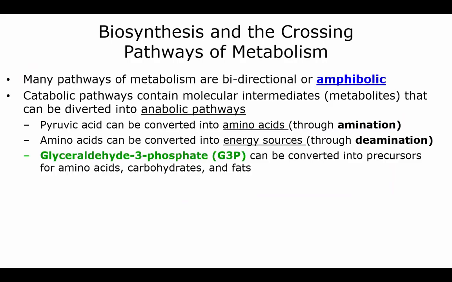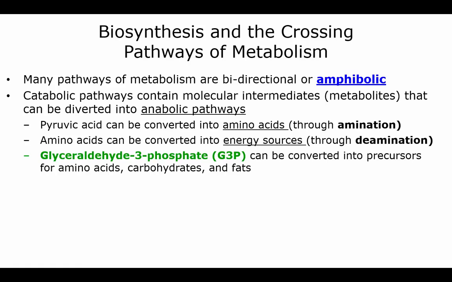The last thing we want to look at in this chapter are some of the crossing pathways of metabolism. Many times they're bidirectional, which means they're amphibolic. This improves efficiency. The catabolic pathways have metabolites, molecular intermediates, that can be diverted to anabolic pathways.